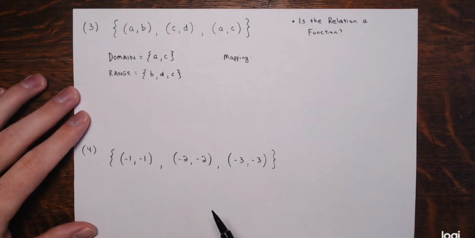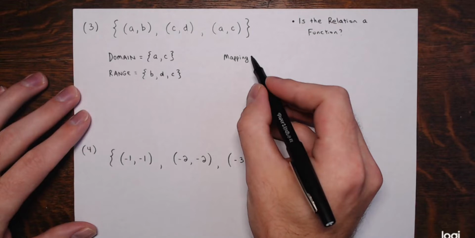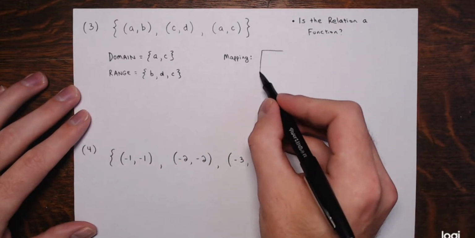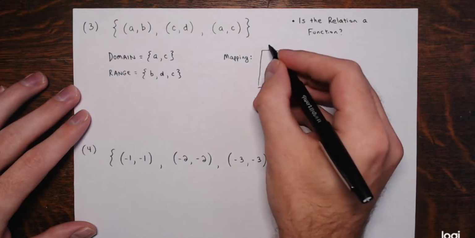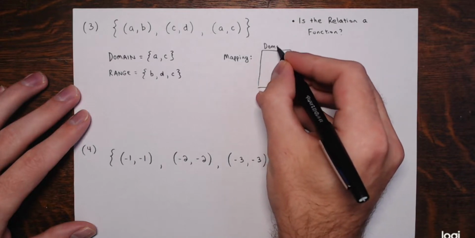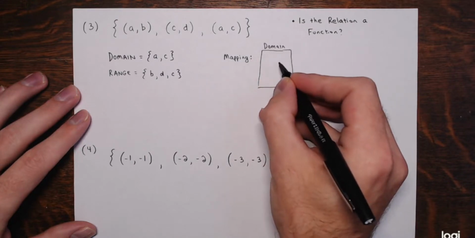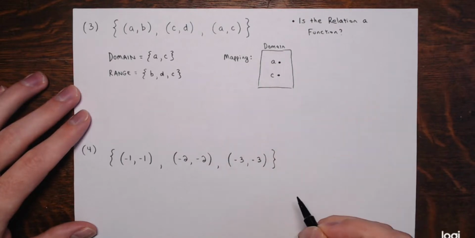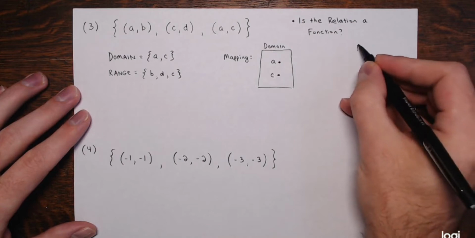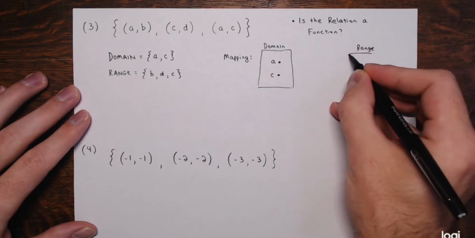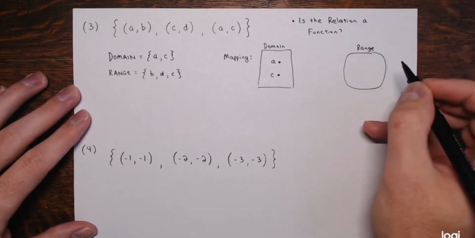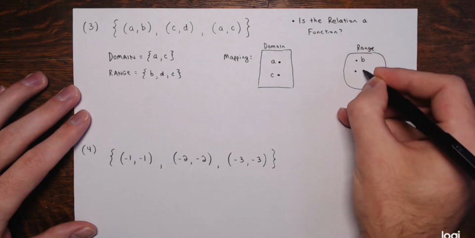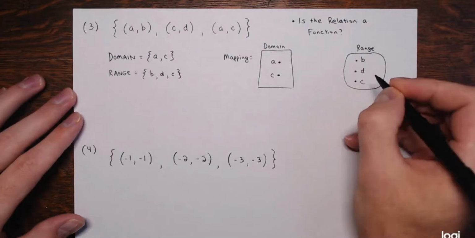In a function, it's got to pair with exactly one. But yeah, I could put the domain in a little box. The elements just A and C. A gets a dot, C gets a dot. And then over here on the other side, the range, just a little box. And then here's element B, element D, element C, and then drawing my little arrows.